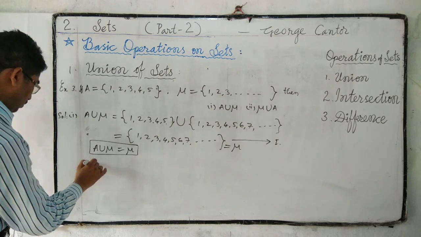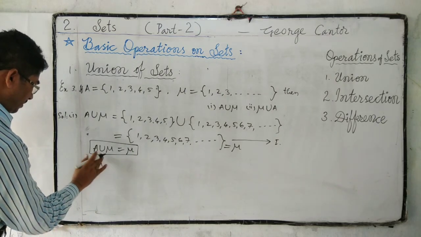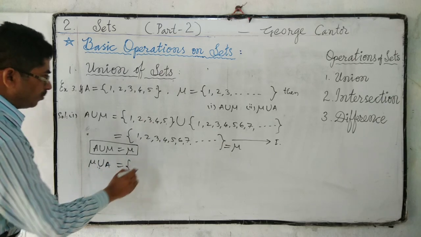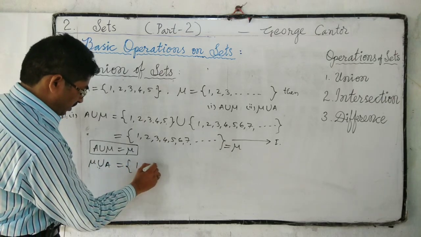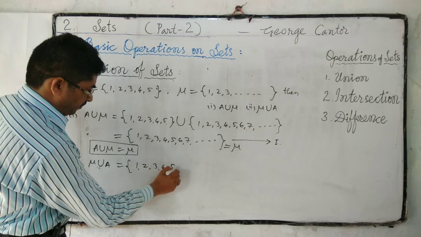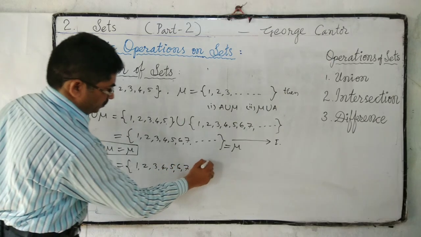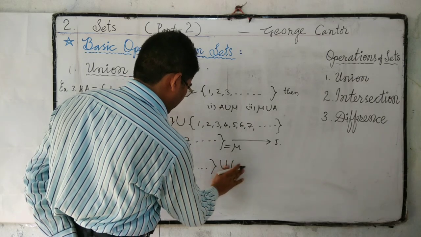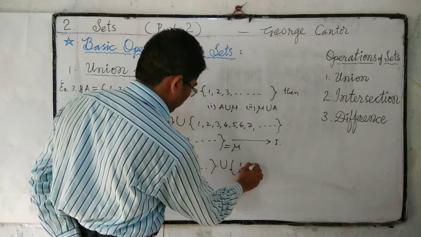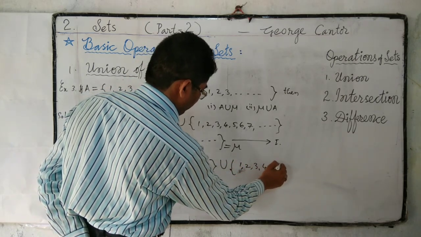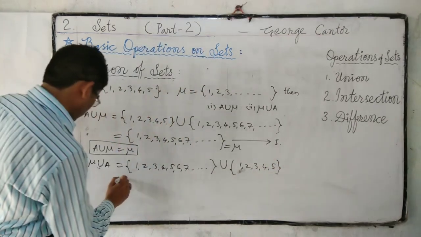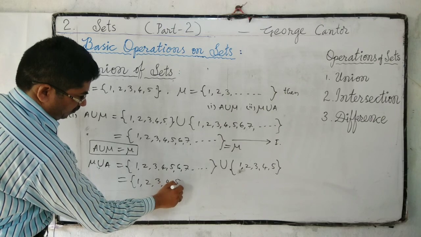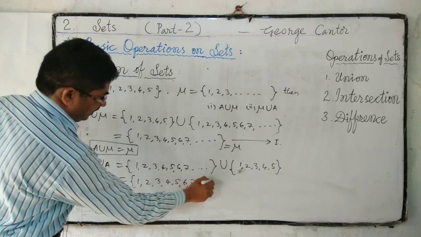Next, mu union A. Mu {1, 2, 3, 4, 5, 6, 7 and so on} union A {1, 2, 3, 4, 5}. We get 1, 2, 3, 4, 5, 6, 7 and so on.